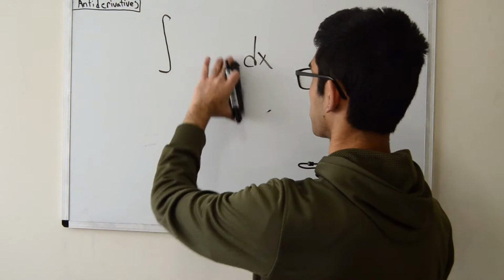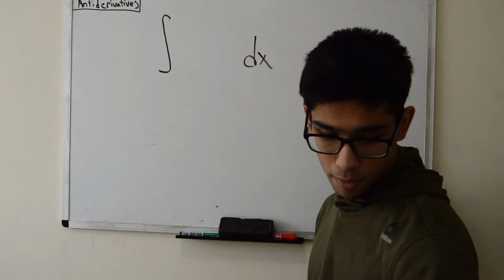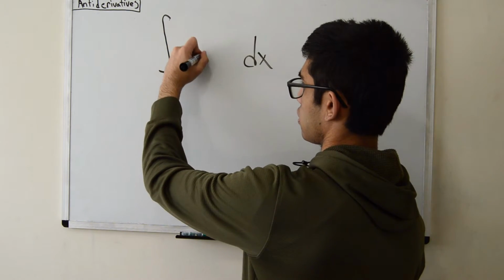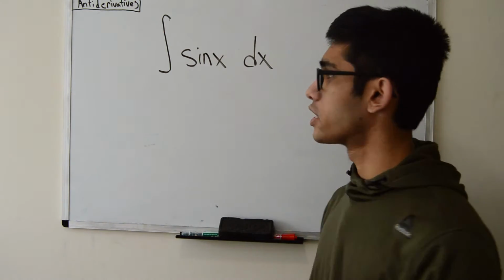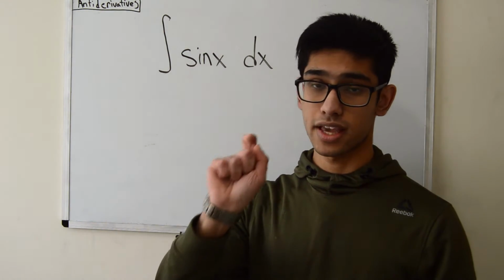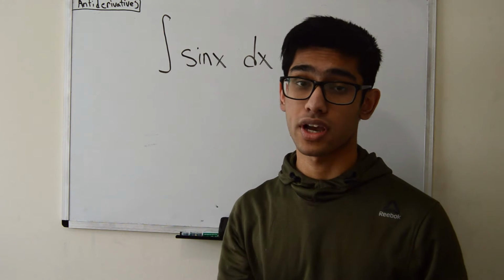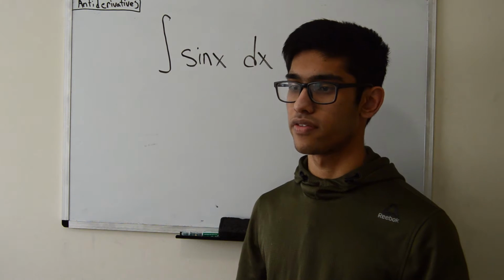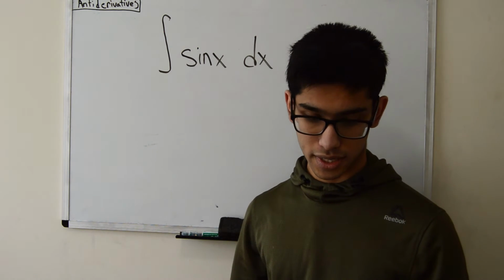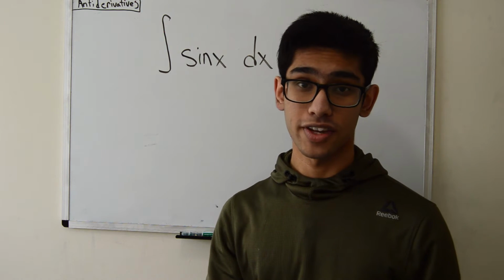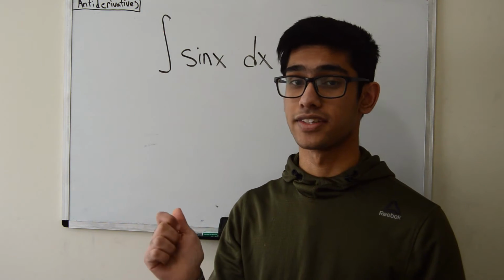So yeah, you can probably expect it already. Now I'm going to do sine of x, alright? So what's the integral of sine of x? Well, if you remember, when we take the derivative of cosine x, we get negative sine x.